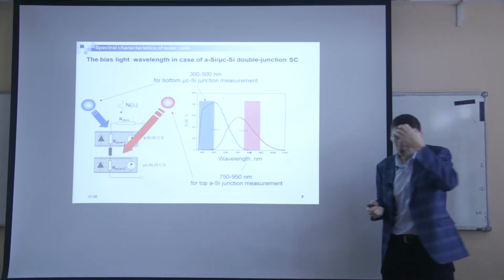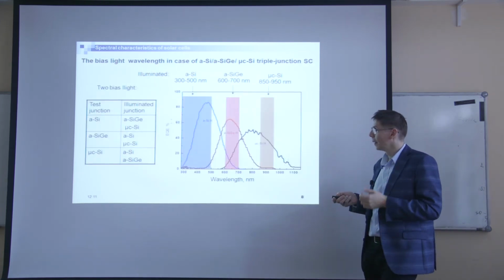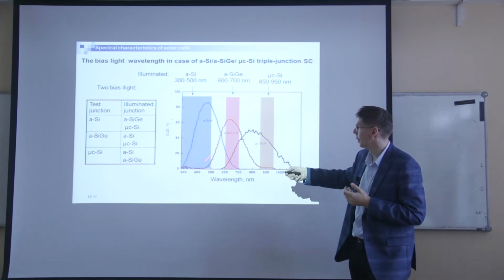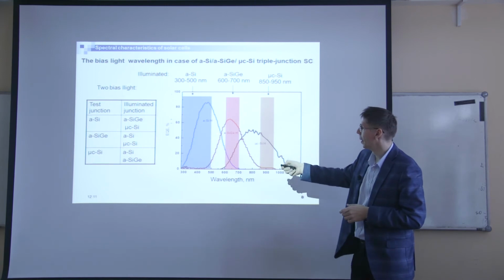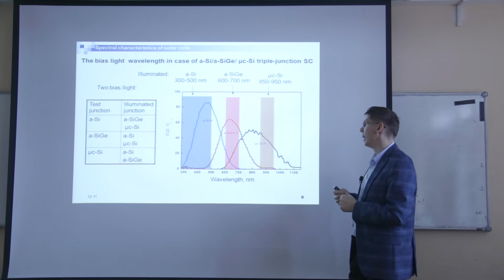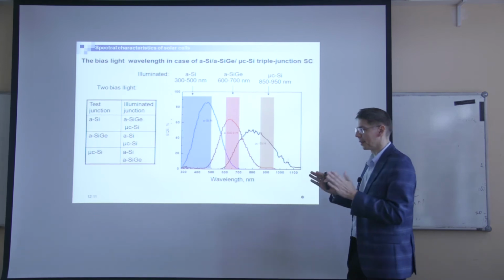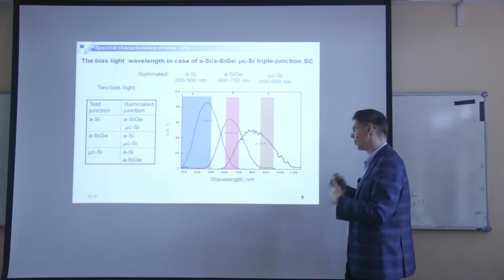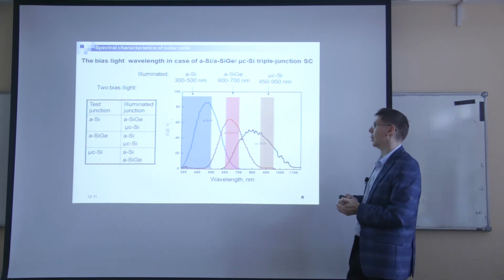I would say the problem comes from the case when you have some region where both junctions are sensitive. Actually, it means if you have band gaps which are quite near, or if you have a thickness quite low, then it would be a real problem to select.